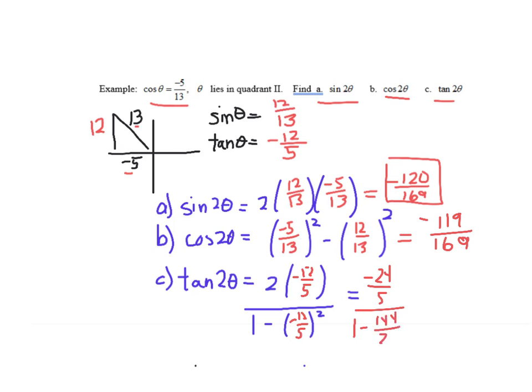I'm writing this out so you can be sure to be careful. The negative 12 fifths itself squared is positive, but then there's a subtraction outside. So it's still going to be 1 minus that fraction. And if you can do that on your calculator, however you do it, to get 120 over 119, these all must be exact fractions. So be sure you know how to change decimals back to fractions in your calculator.